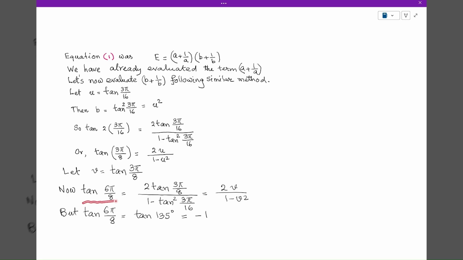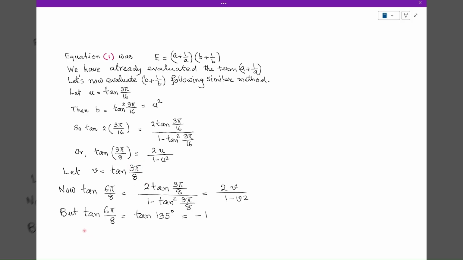Now tan 6 pi by 8 is equal to 2 tan 3 pi by 8 divided by 1 minus tan square 3 pi by 8, which is 2v divided by 1 minus v square, because we have taken v is equal to tan 3 pi by 8.